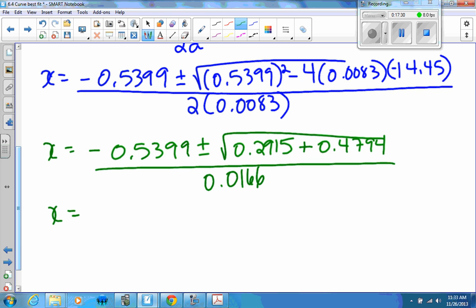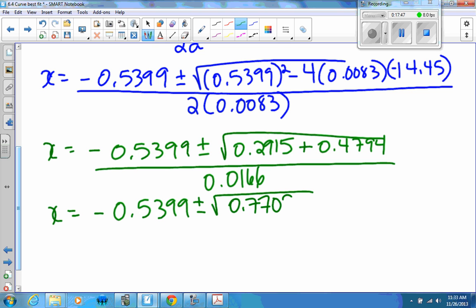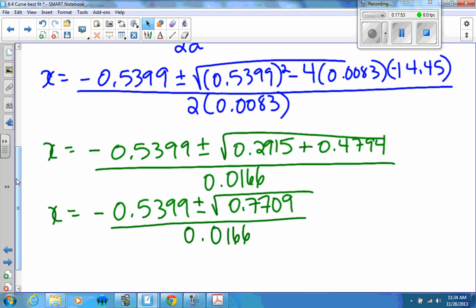Okay, I'm going to add everything under the square root sign so I can figure it out. So 0.2915 plus 0.4794 equals 0.7709, still divided by 0.0166. Okay?